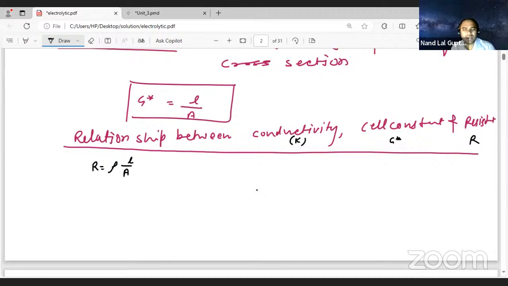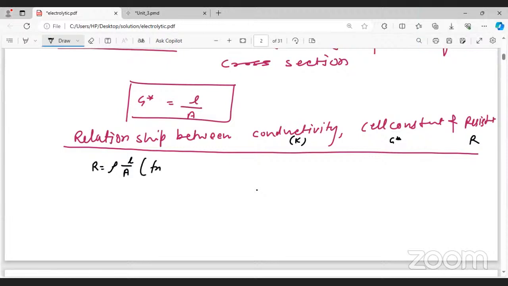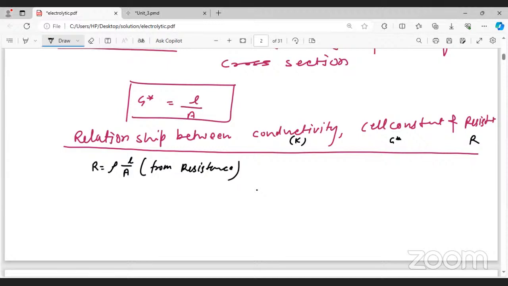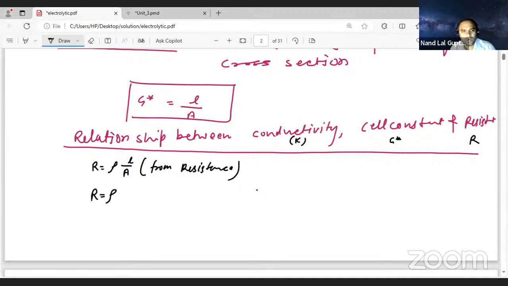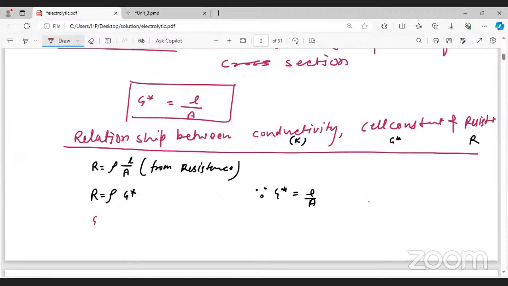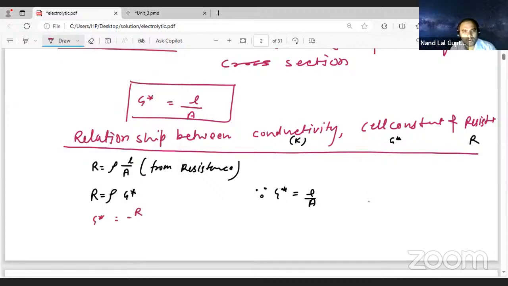R is equal to rho L by A. Can we write this one? Yes, sir. From resistance, we can write R is equal to rho into G star, where G star is equal to L by A. So G star is equal to R by rho.